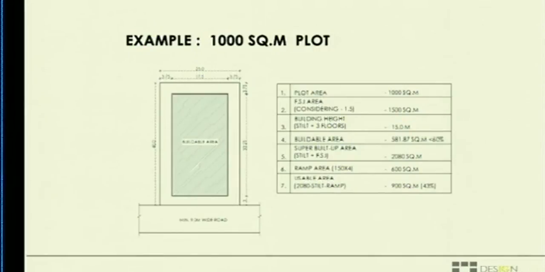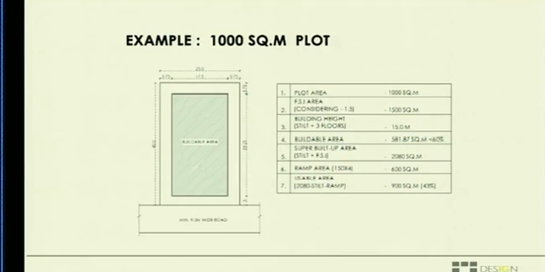You can cover only 60% of the plot. So your coverage after the setbacks, fortunately here, is within 60%. So what we call the super built up, the total of what you can build in this plot, stilt plus whatever is permissible by the FSI, is 2,080 square meters.